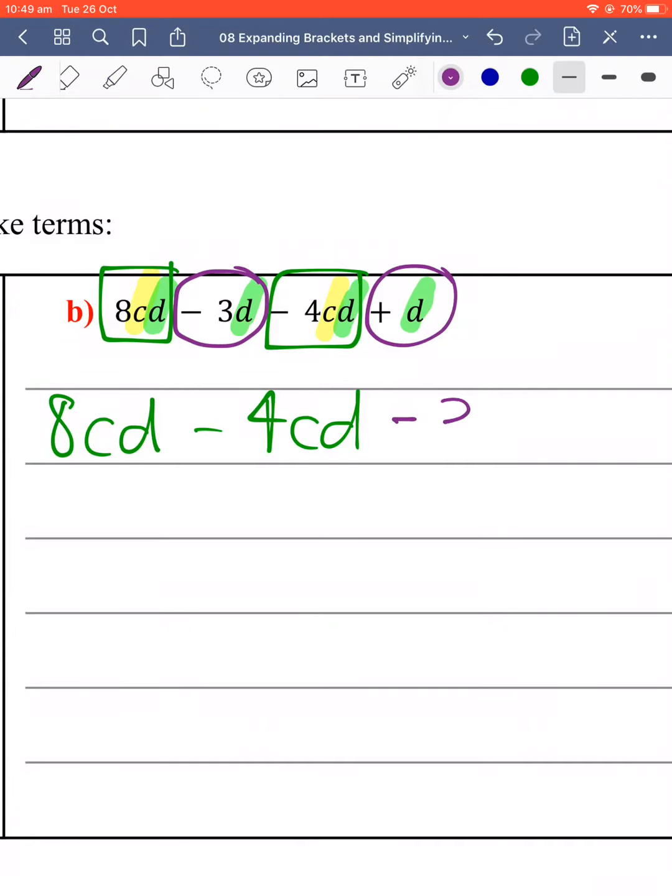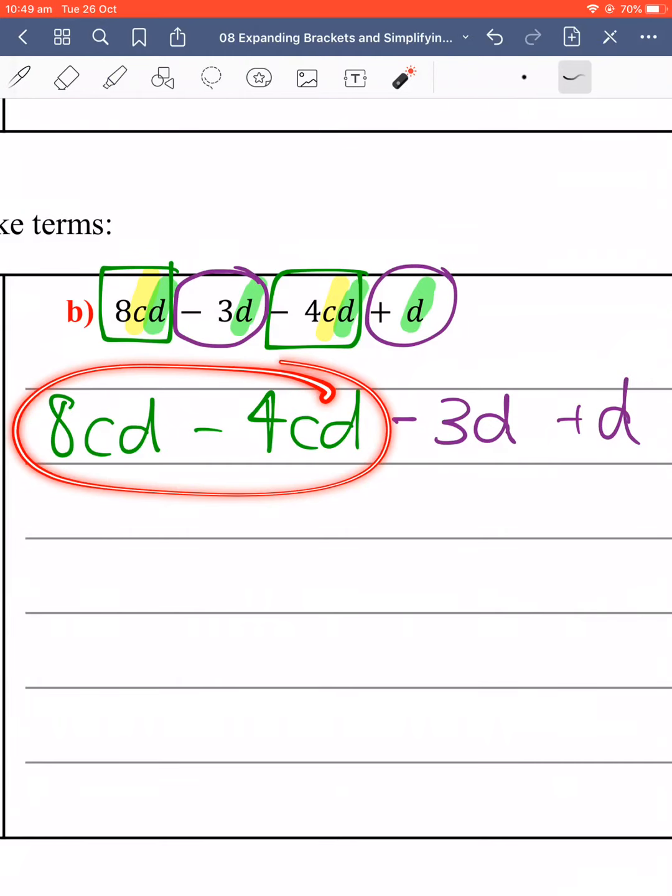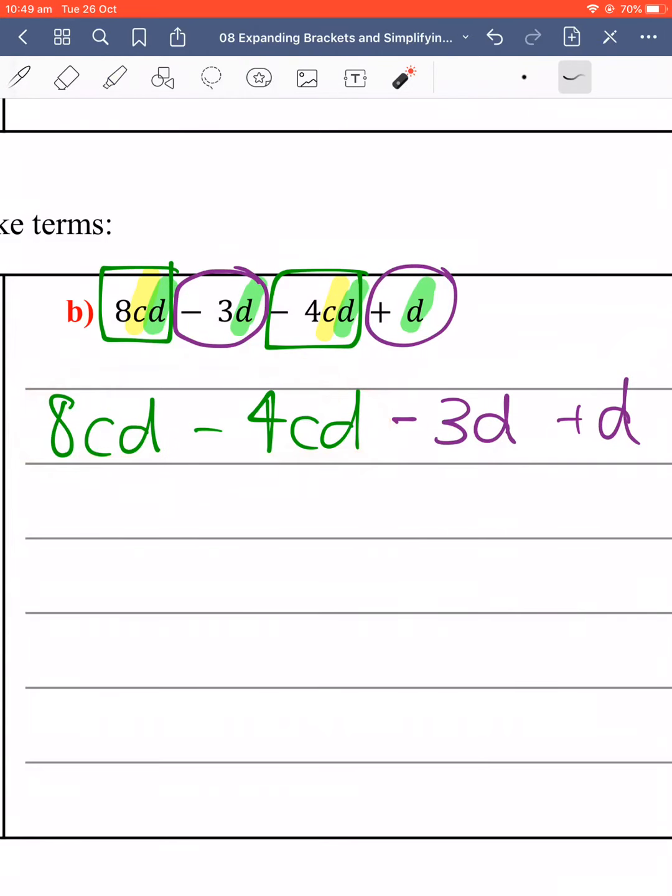And then I have minus 3D plus D. Now I can actually start to answer this. So this first part, I've got the same letter combo now, which means I can just deal with the numbers. So 8 minus 4 gives me 4. And I have my letter combo, my pronumerals, after which is 4CD.